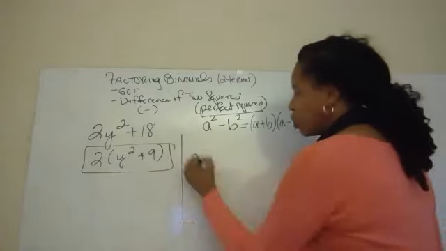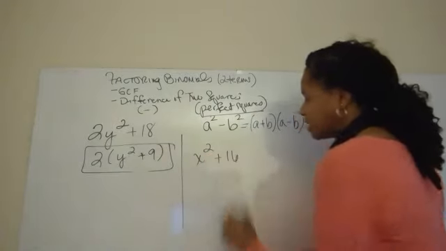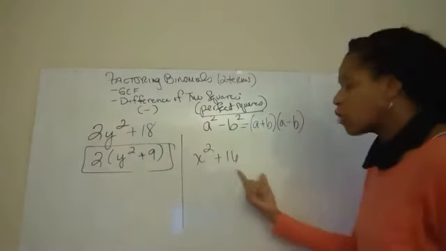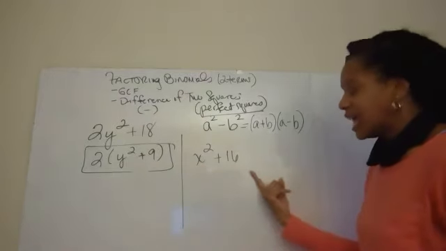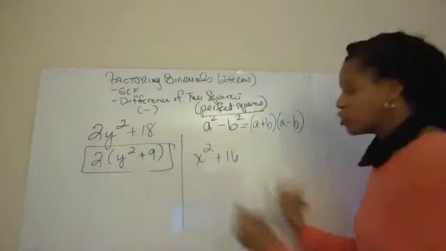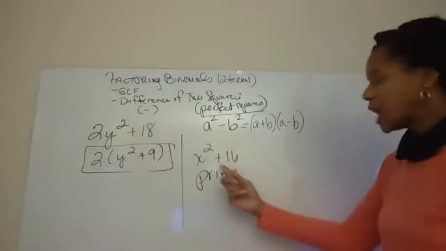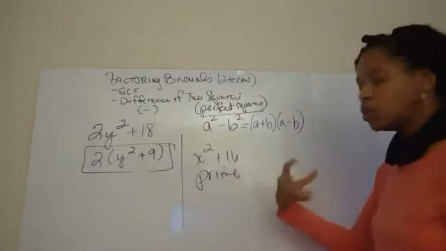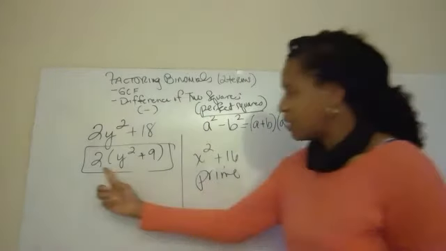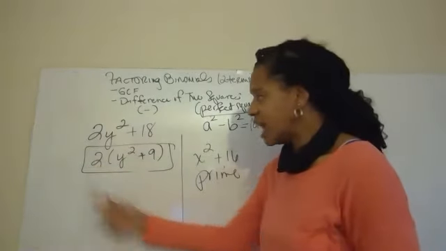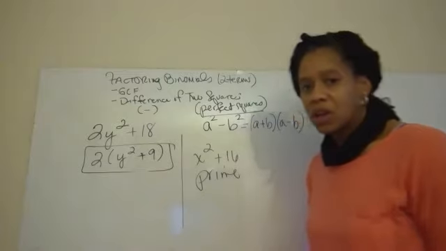But if you see one where it's like x squared plus 16, there's no greatest common factor here, and it's the sum of two squares. So this problem would be considered prime, right? So you cannot do the sum of squares. You can only do the difference of squares. But if you factor just a GCF, then that means you factored.